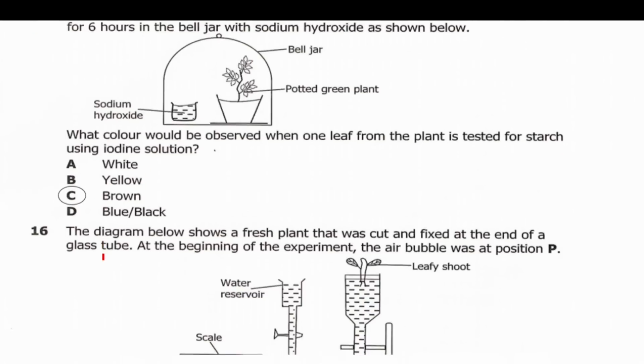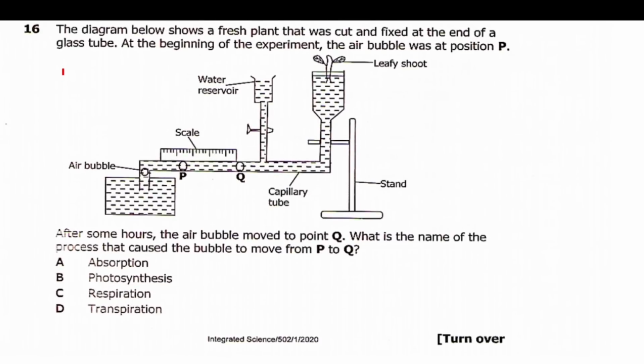All right, so let's go to 16. 16 reads, the diagram below shows a fresh plant that was cut and fixed at the end of a glass tube.